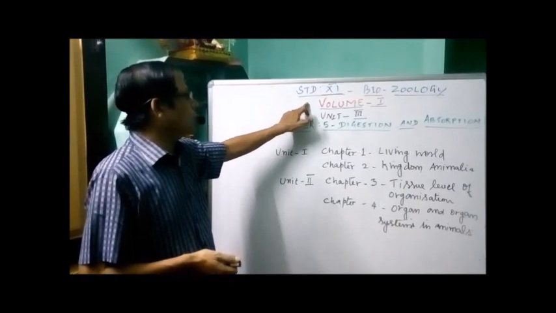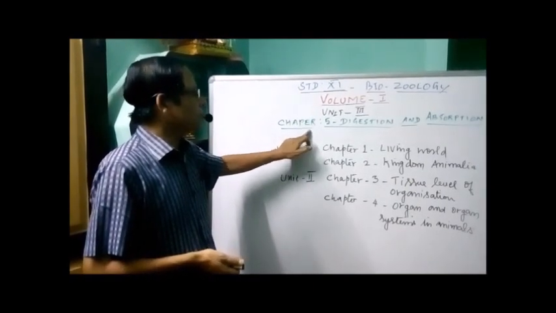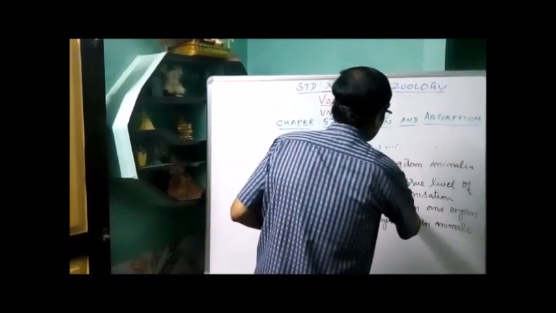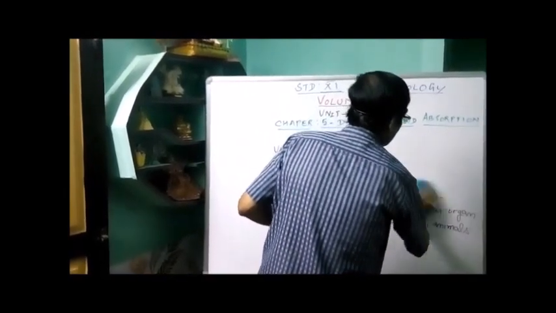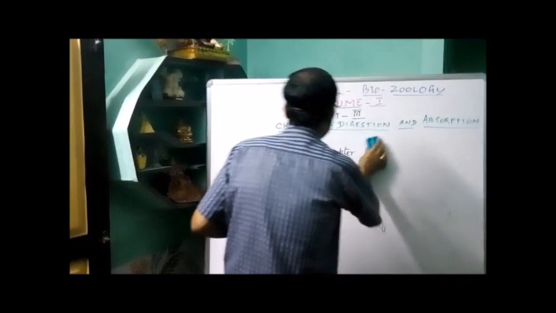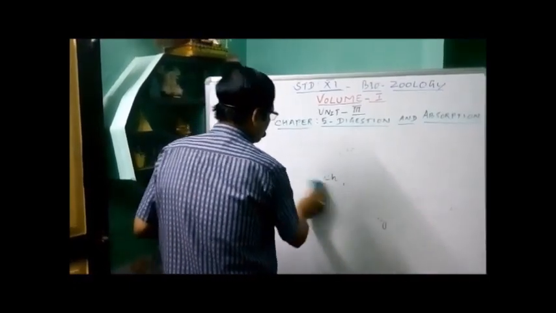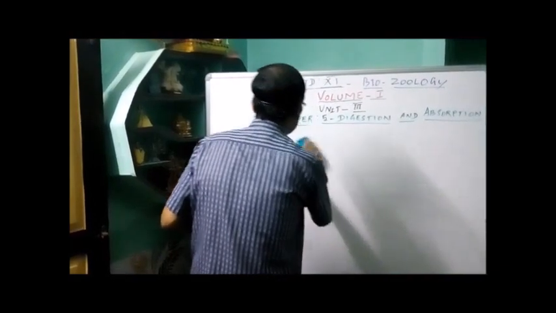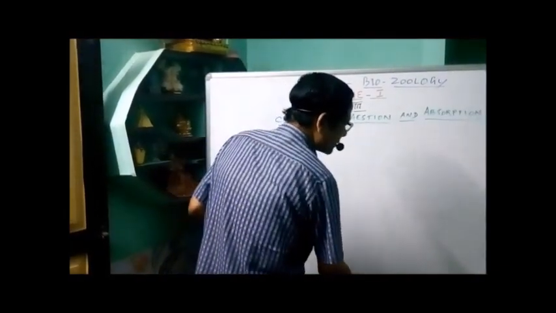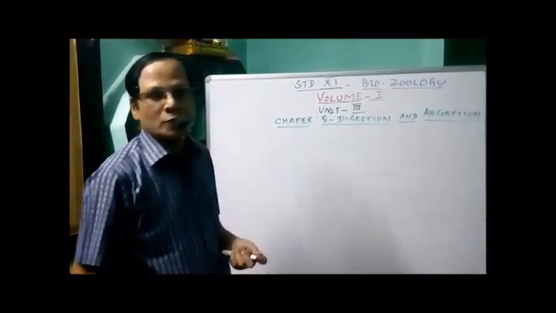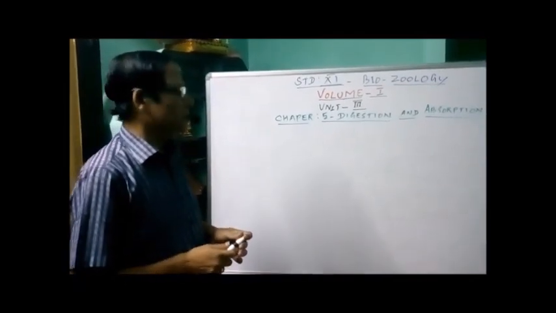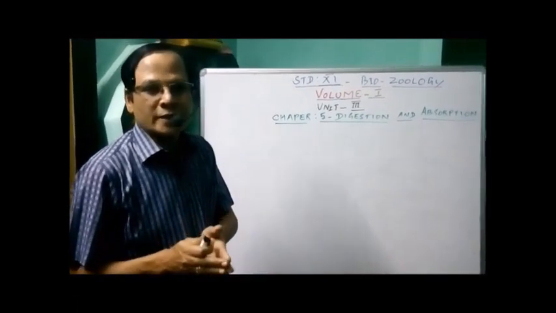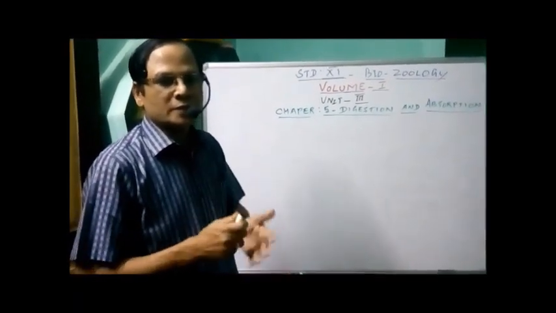So we have Volume 1, Unit 3, Chapter 5, digestion and absorption. Now what is digestion? We are eating macromolecules in the form of rice or dal or any other vegetables. All are in the form of macromolecules like carbohydrates, proteins, fats, etc. These macromolecules cannot be taken directly into the cells.